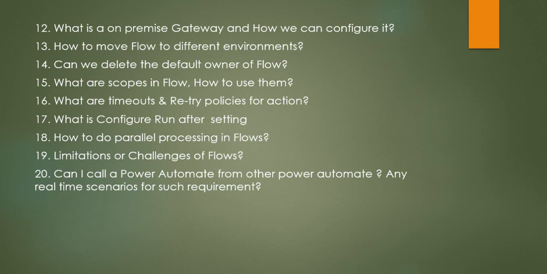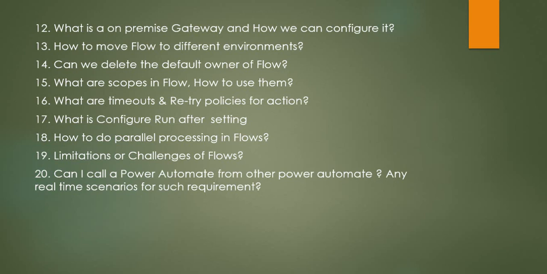But what if you want to create the parallel branch at runtime? For that you would use the apply to each loop, which loops over all the items and does a bunch of actions within the apply to each. If you go to the configuration of that apply to each, you will see a setting for concurrency, and there you can specify the concurrency level.